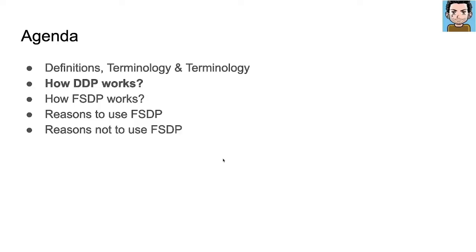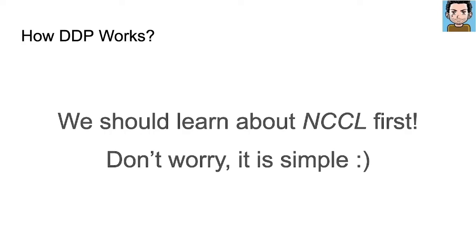Now that we have illustrated what resides inside the GPU memory, I'm going to review how distributed data parallel works. I believe understanding how DDP works is the key to understand how FSDP works. But before delving into DDP, I need to make a small detour and present NCCL first.